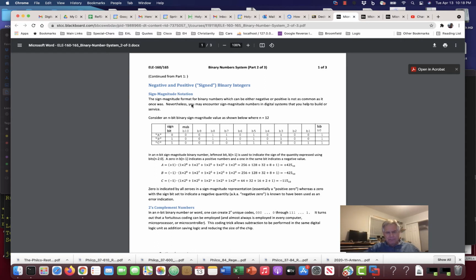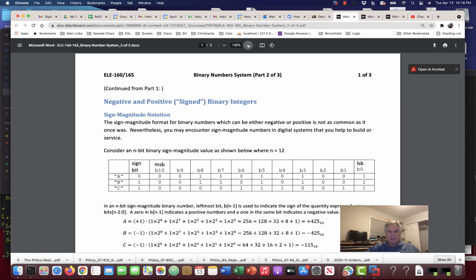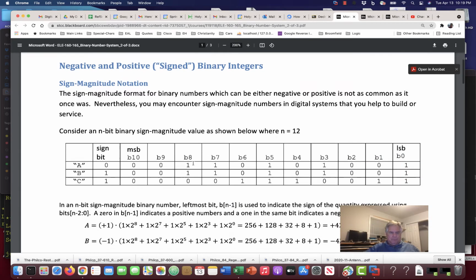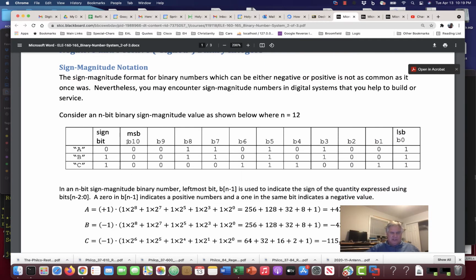So now we have to look at this idea of negative and positive numbers. The first way of representing negative binary numbers is what they call signed binary integers, or sign magnitude notation. In that case, starting, I guess we have 12 bits here.